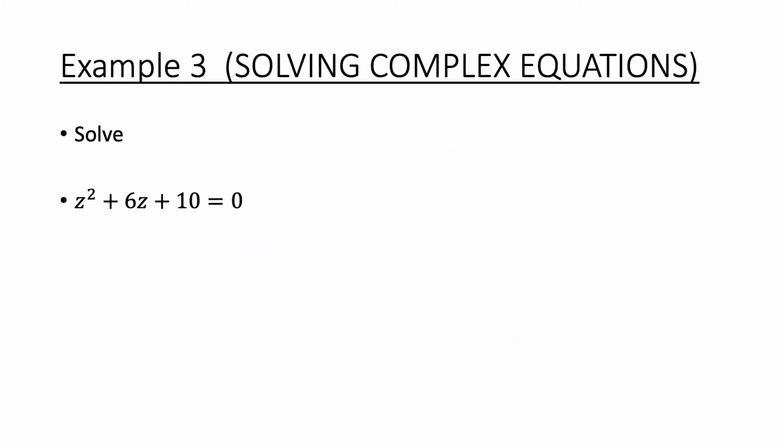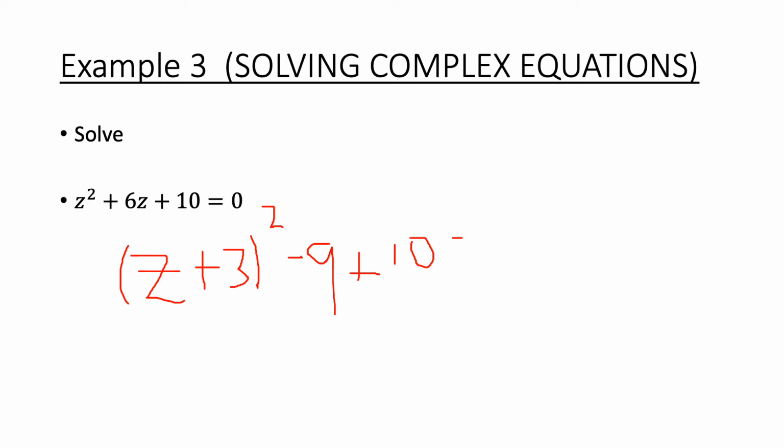Right, guys, solving this equation, what I'm going to do is complete the square. So completing the square, this is what I get. It's equal to 0, so half the coefficient, square it, and then minus the square of this coefficient squared. So minus 9. Minus 9 plus 10 is going to be plus 1.